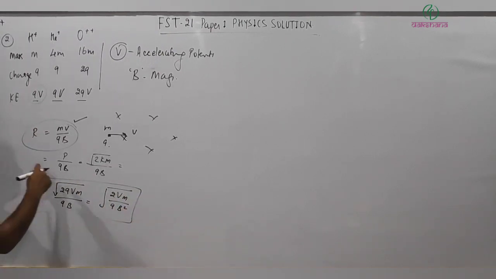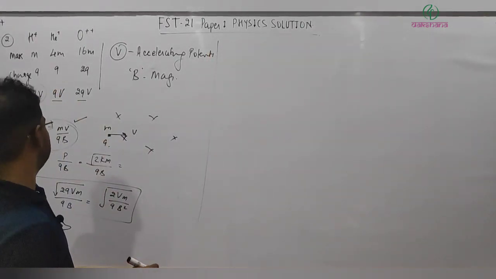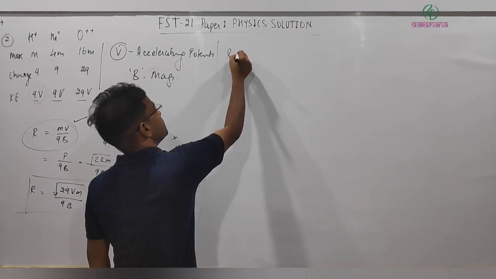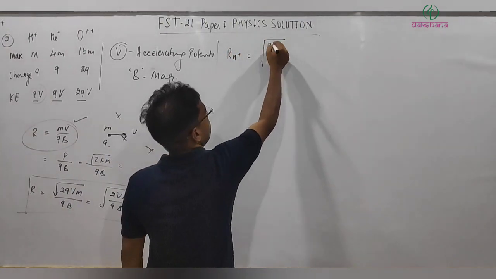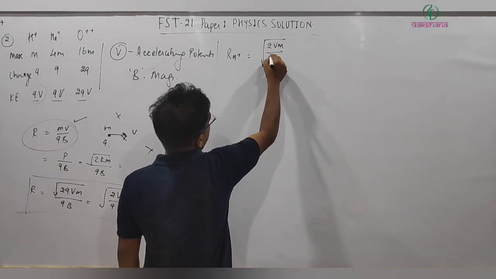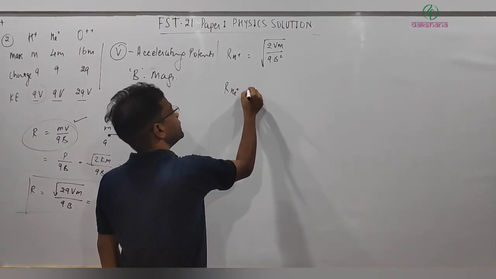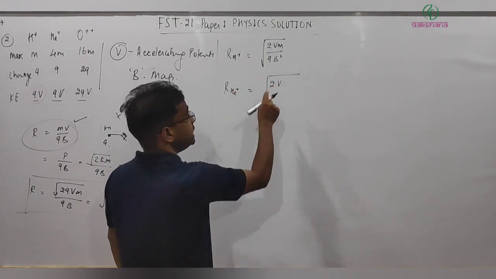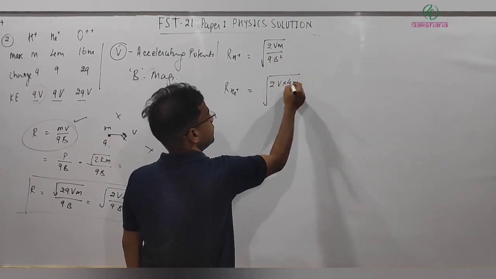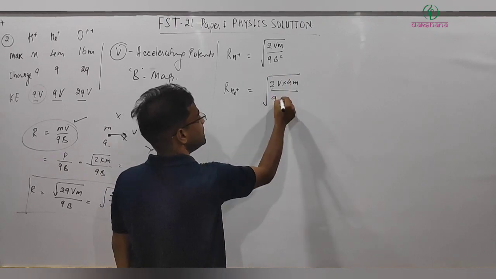Now let's write the radius for H plus, He plus and O plus plus. R of H plus is coming out to be under root 2Vm divided by qB square. R of He plus will be equal to under root 2, V is V, m is 4m, divided by q, q is also q, and B square is B square.